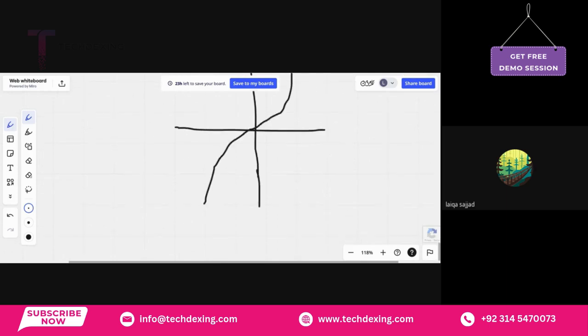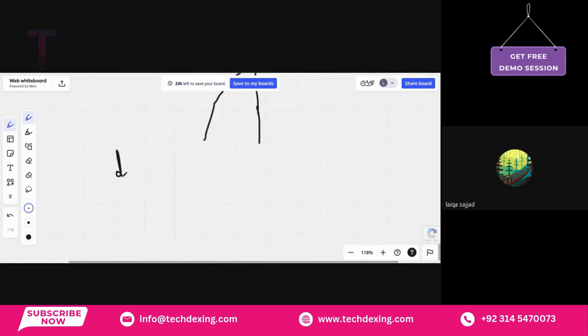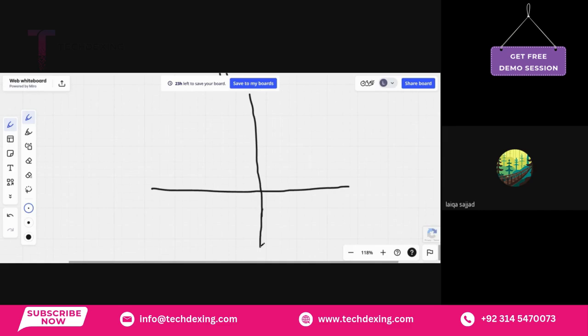Then if we have the value n equal to 4, the equation would be y equals x raised to the power 4. Its graph would be the same as the graph for the quadratic equation, but closer to the y-axis.